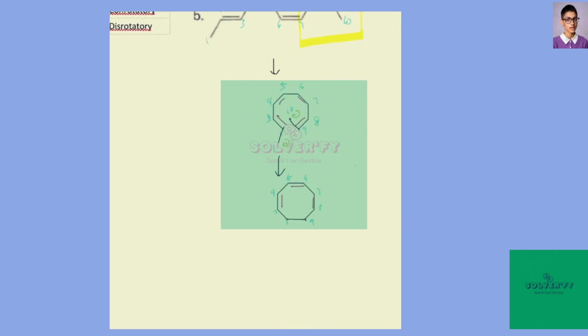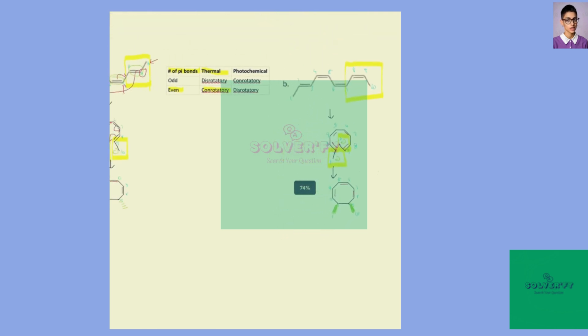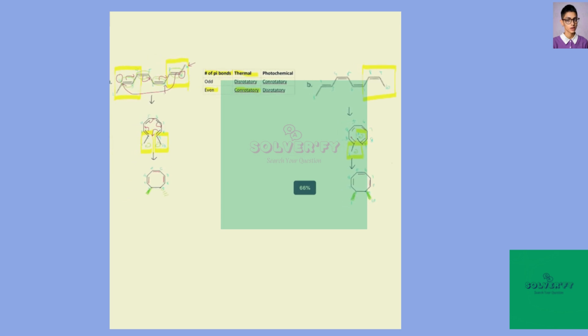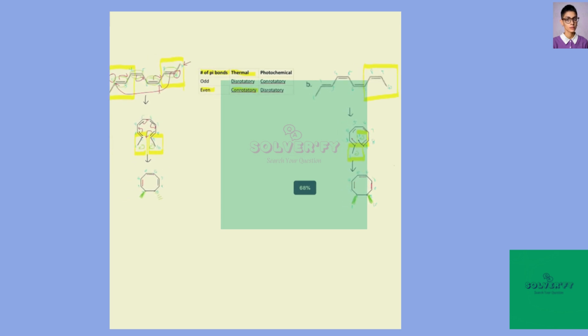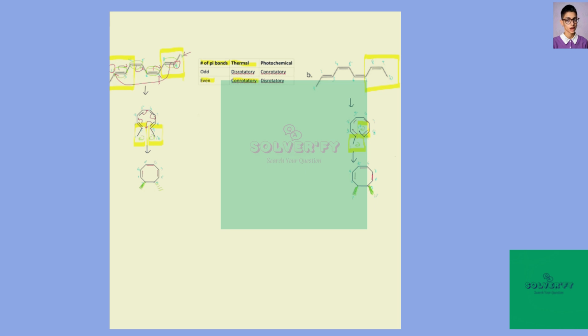So, if carbon number 1 goes in a clockwise direction, then it's going to end up coming out of the page. But if carbon number 10 is going to go in a clockwise direction, it's also going to end up coming out of the page. So for molecule B, we actually end up with a cis octene molecule. Let me just go ahead and show you both molecules. So molecule A, we ended up with a trans octene, and molecule B, we ended up with a cis octene.